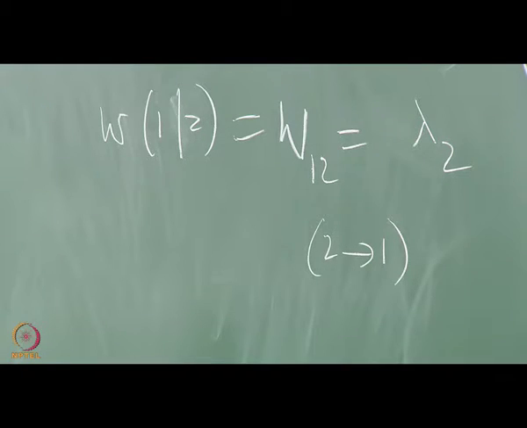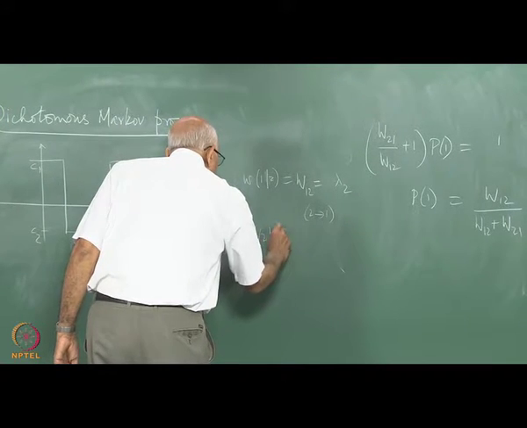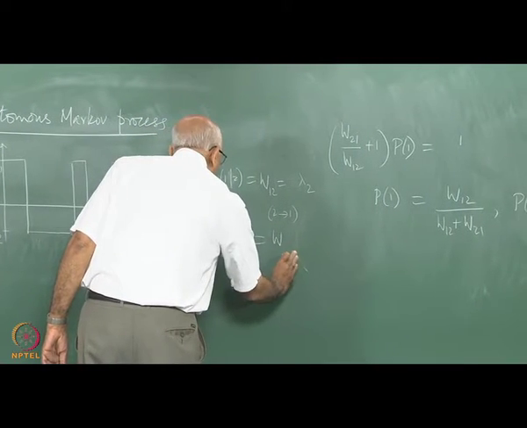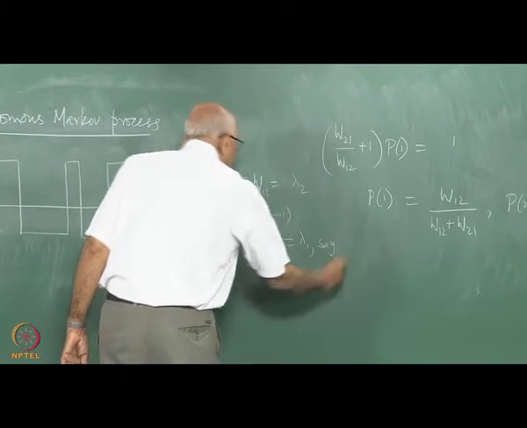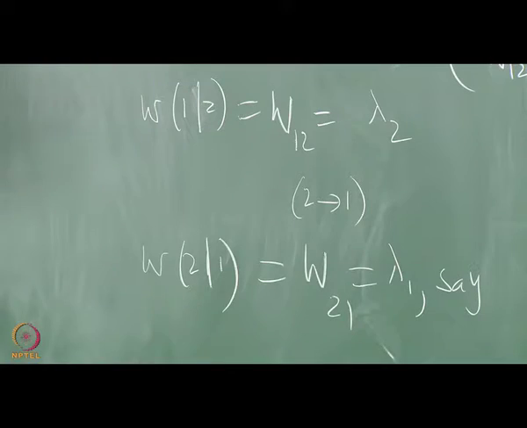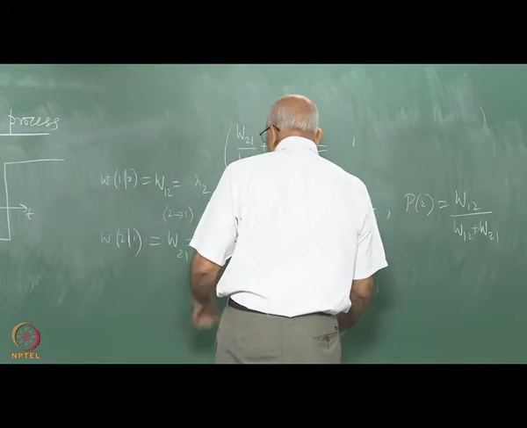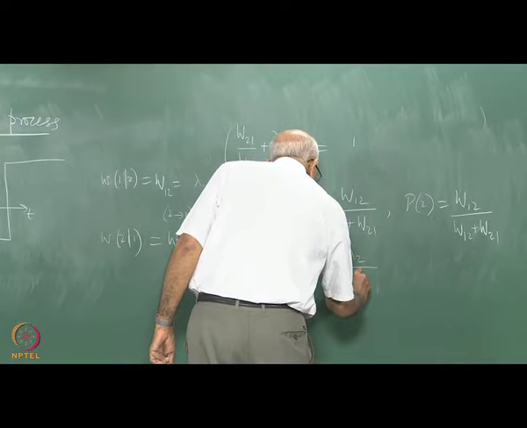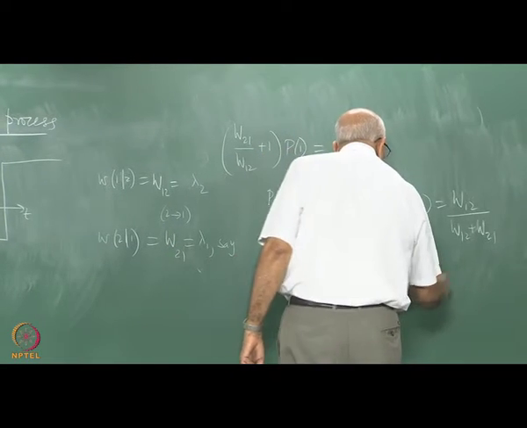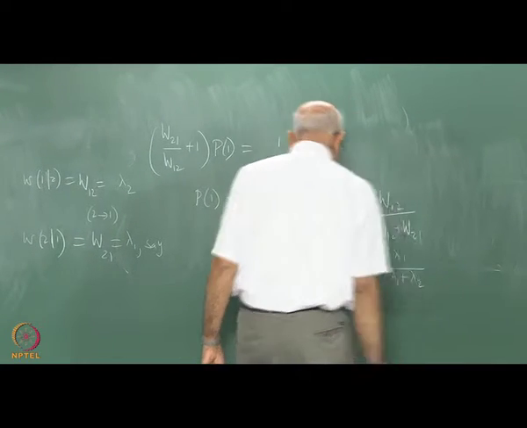If it is in state 2, the rate at which it switches to state 1, and similarly W21 is the rate at which it switches from 1 to 2, equal to lambda 1 say. Okay. Then according to what we have here, P1 must be equal to W12, that is lambda 2 over lambda 1 plus lambda 2, and P2 must be equal to lambda 1 over lambda 1 plus lambda 2.